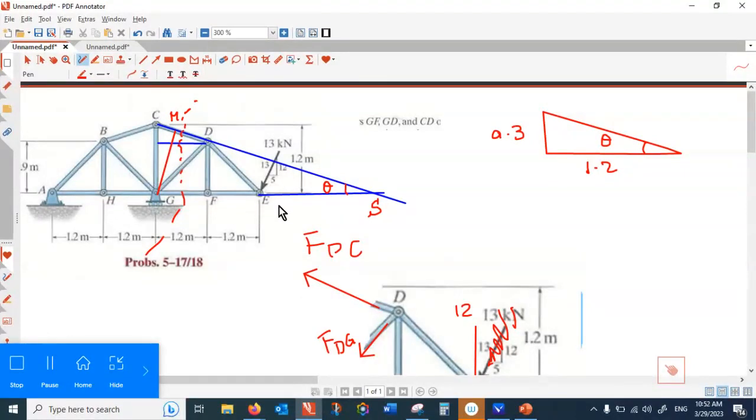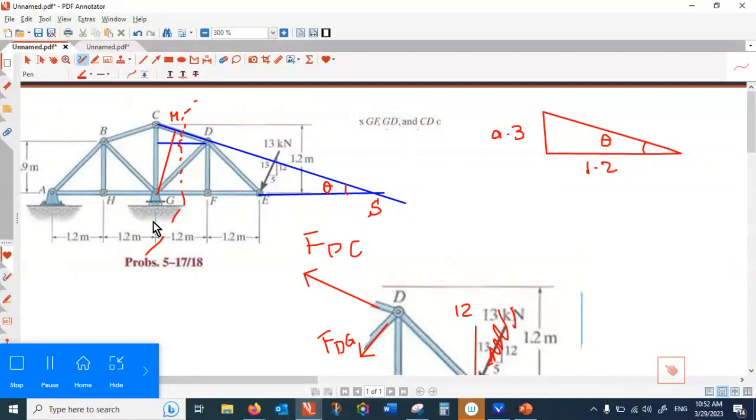So, sorry? 0.3, because from this line to the top is 1.2 meter, and then from the same line to this point is 0.9 meter. That's the difference.